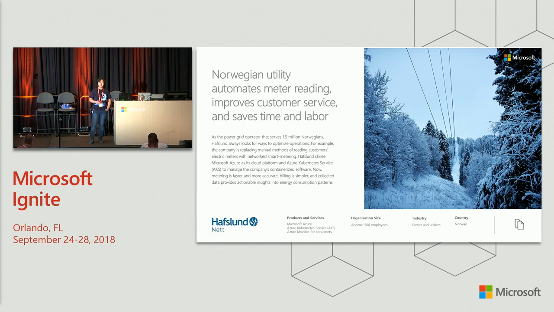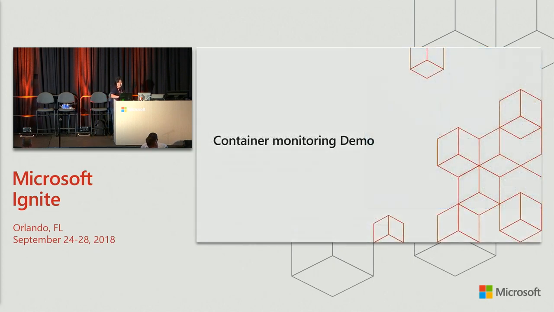They use AKS, and they use container monitoring, or Azure Monitor for containers, with it. We help them with the monitoring, but not only that, they were able to fine-tune their containers' and pods' limits and requests as well. There's a lot of stuff that you need to do. And the other thing is, they're saying, hey, I don't have to have my developers use these other tools now and do kubectls and all that. They can just look at this and go through the monitoring. Okay. Cool? Is this good?